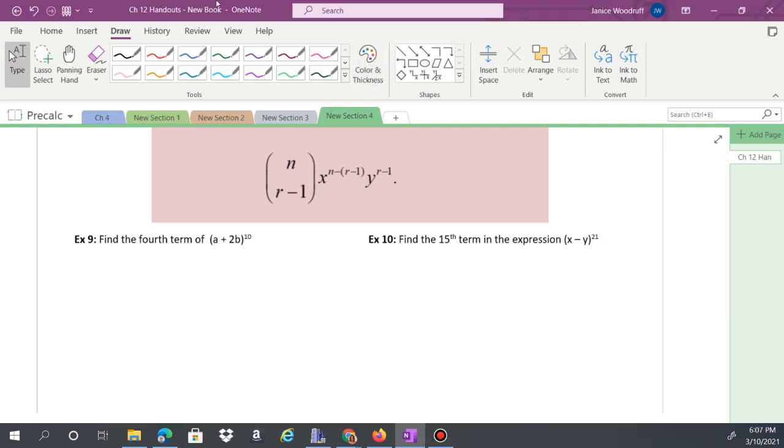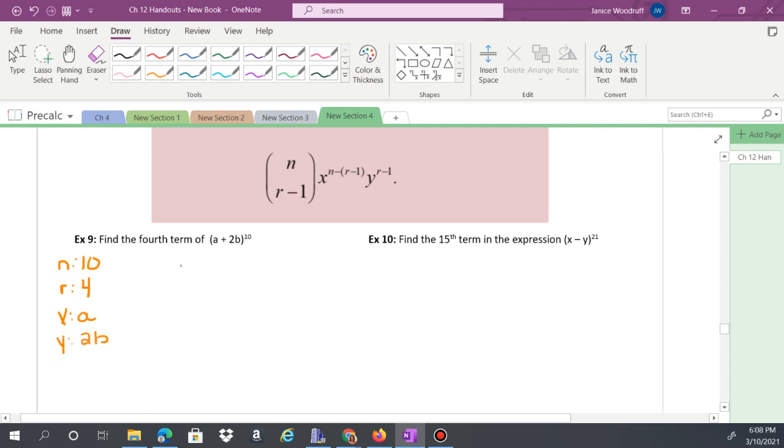So for example, find the 4th term of a plus 2b to the 10. So in this, your n is 10. You are finding the 4th term, your rth term, so r is 4. And then your x is a, and your y is going to be 2b.